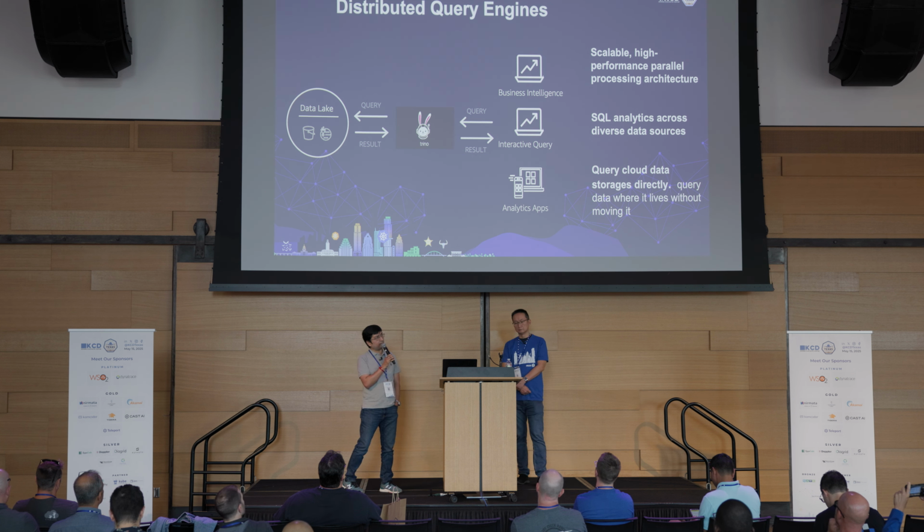Then, SQL analytics: it's an SQL engine. So if you're familiar with SQL but you are dealing with these disparate data sources, it gives you a pretty unified interface where you can just work with SQL queries. And it makes use of federation. Data federation is one of the key components of any query processing engine.